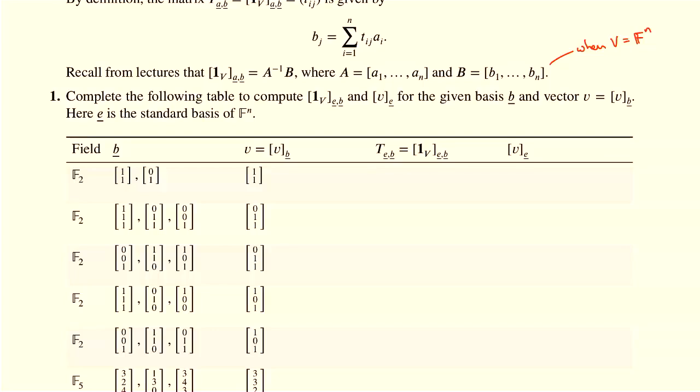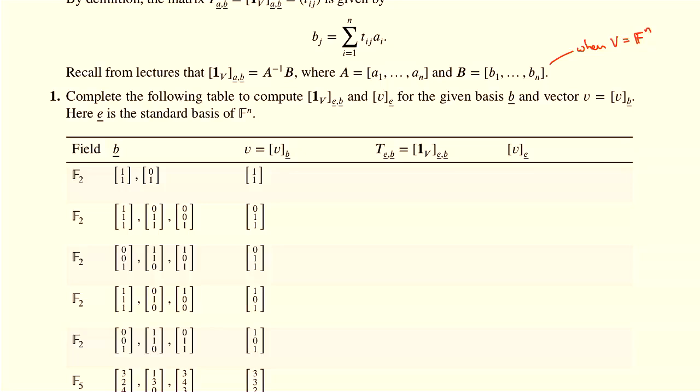These guys are also in F^n, but with respect to a different basis. They're the coordinate vectors of V with respect to that basis B. And what we're asked to compute is the transition matrix. This question's picked to be easy: it's the transition matrix from the standard basis to the basis B.